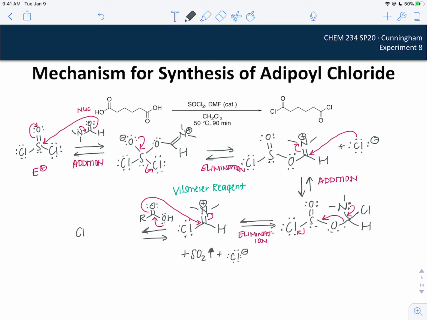So let's go ahead and see what this product looks like. Sometimes it can be helpful in these types of situations to number your carbons, to fill all of those things in so that you don't lose anything or pick anything extra up.